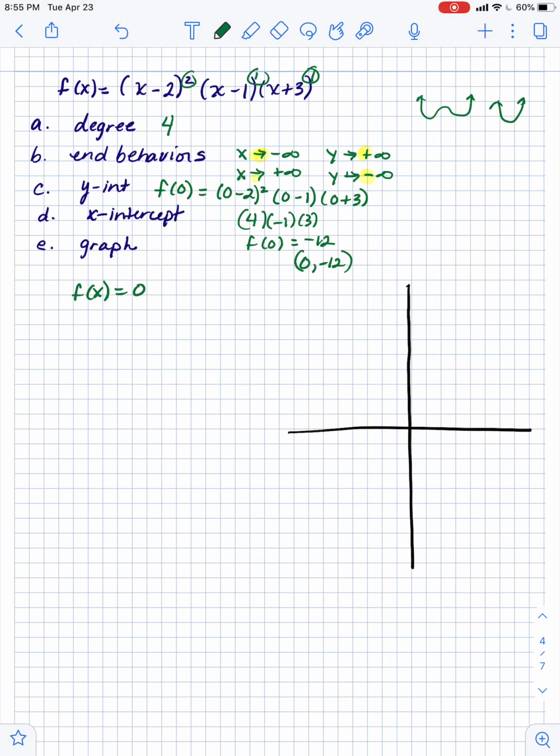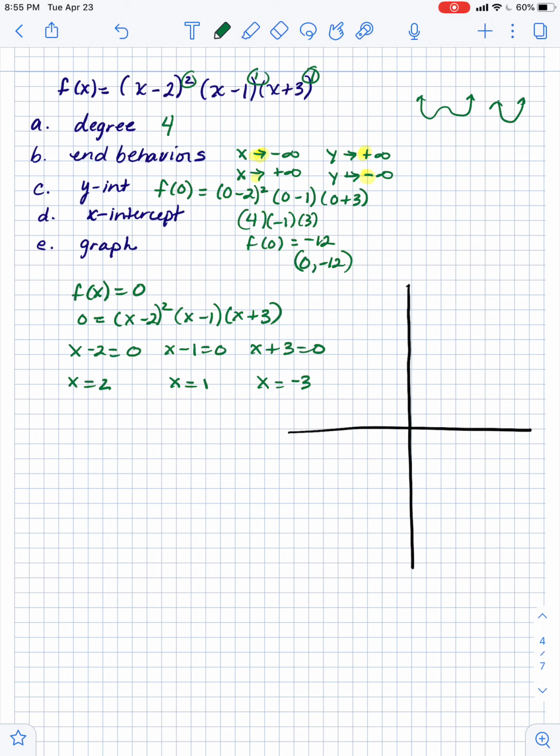So if f of x equals 0, then this equation will equal 0, which in turn means that each of my factors will equal 0. Okay, so this is x equals 2, x equals 1, and x equals negative 3.